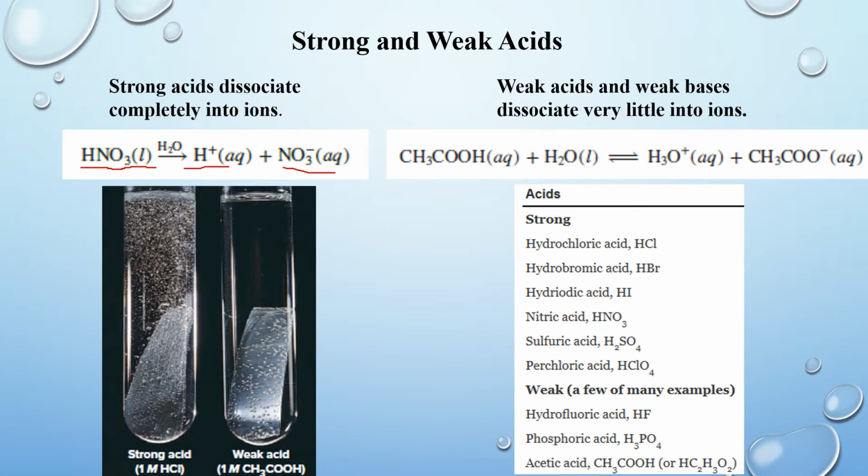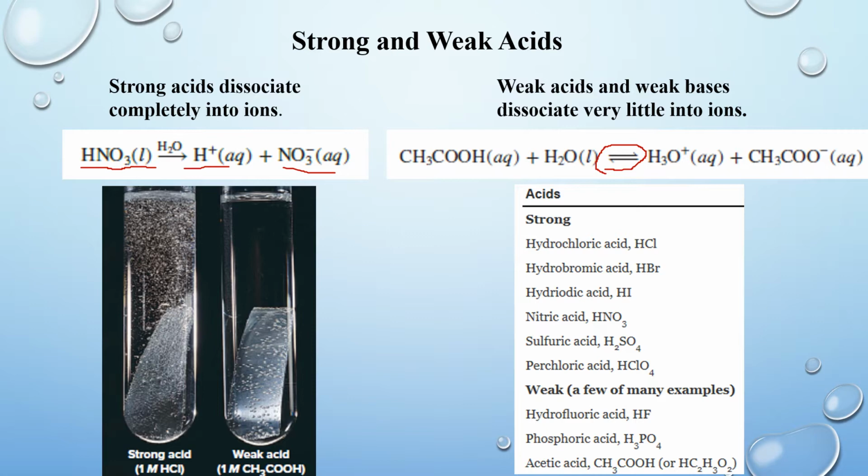Notice we use a one-sided arrow to represent that these reactions almost achieve completion, so we can ignore the equilibrium. For a weak acid, it doesn't completely dissociate, only partially, depending on how weak it is. In this case, we have to consider equilibrium, so we use this double-sided arrow to represent this reversible reaction.